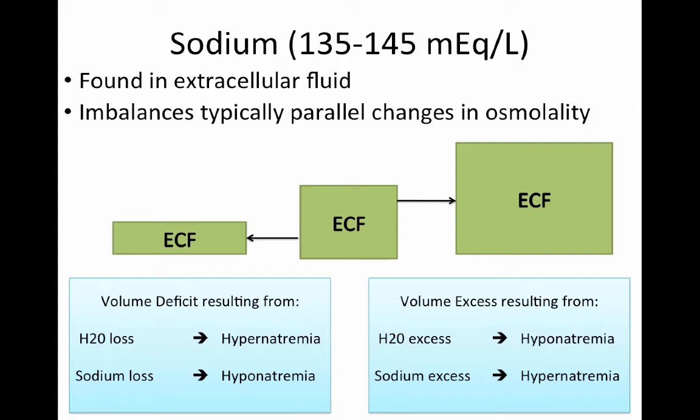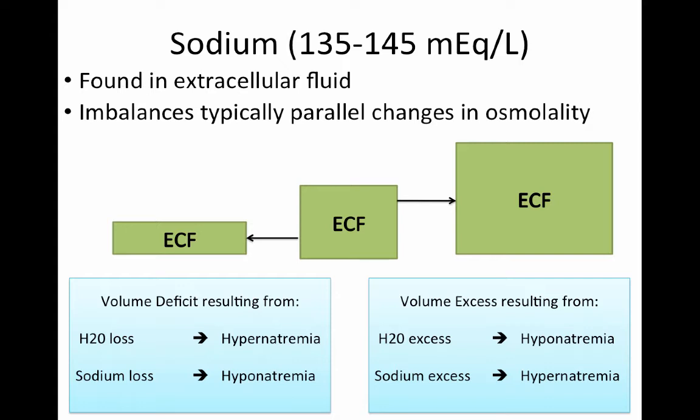When our serum osmolality goes up, that means that we are dehydrated. We have an increase in solutes and a loss of water. Sodium and water go hand in hand, and so a loss of sodium is frequently associated with fluid volume imbalances.